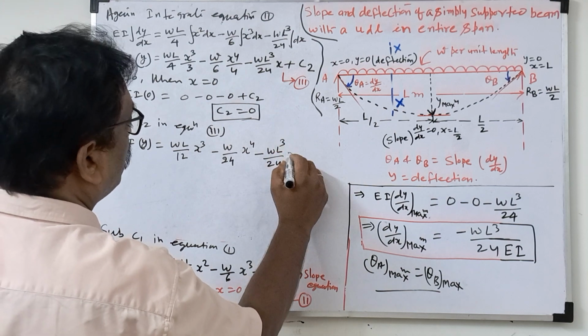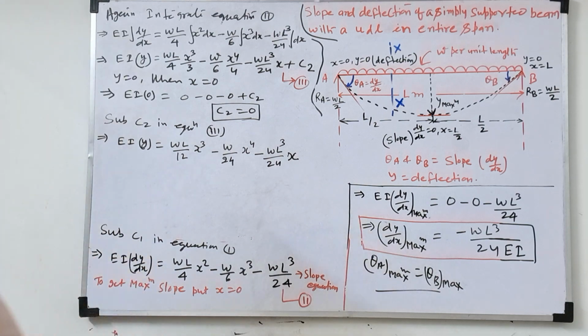So C2 is equal to 0. So this equation we got. What equation is this? This is the deflection equation.